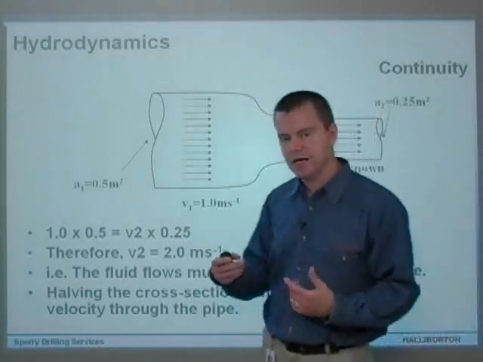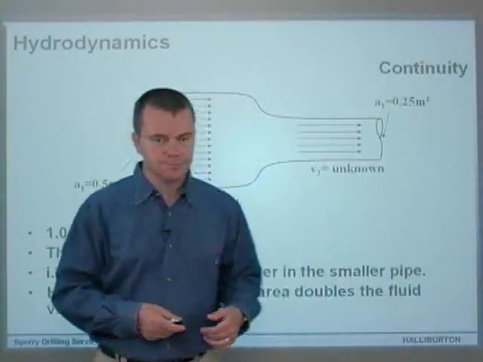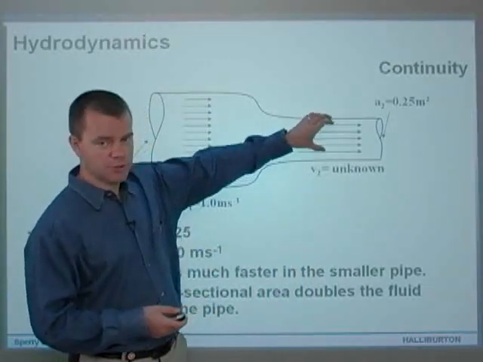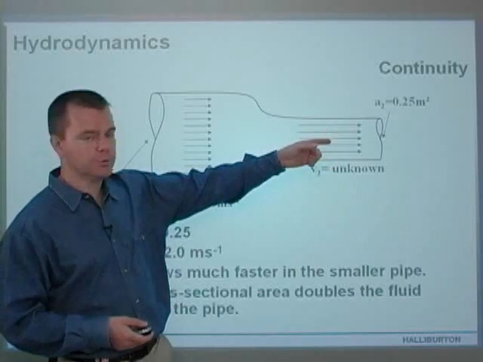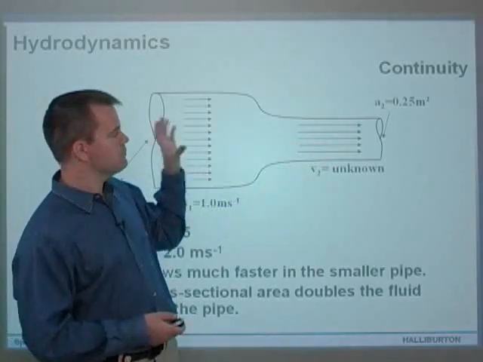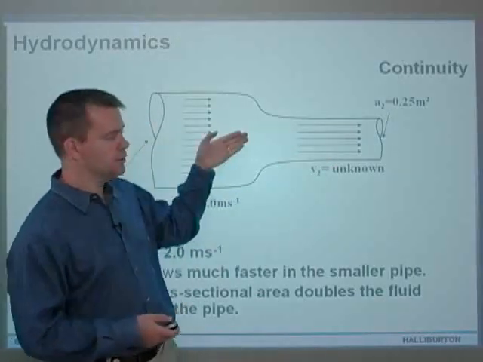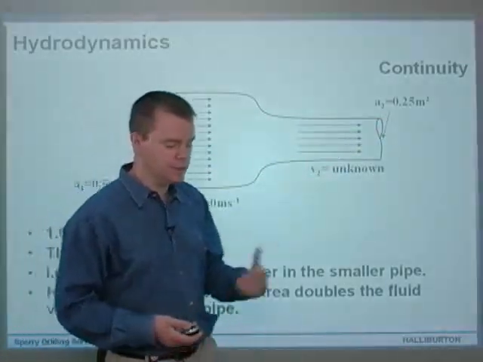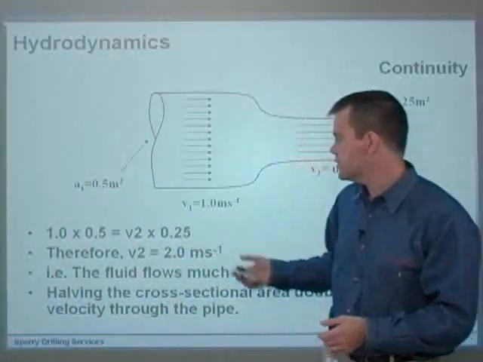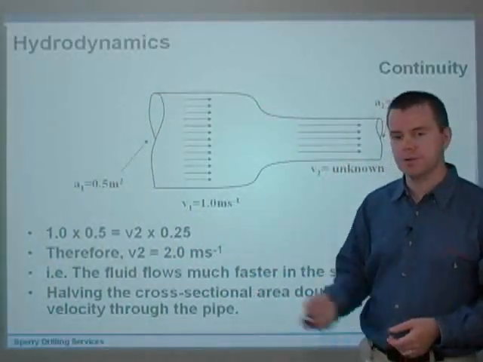So basically by halving the cross-sectional area of this pipe, you've doubled the velocity of the fluid going through it. Because it's got the same volume being pumped in, but it's got half the area to go through, therefore it's got to go faster. It's kind of obvious. This just demonstrates that it gives you the maths behind it as well.